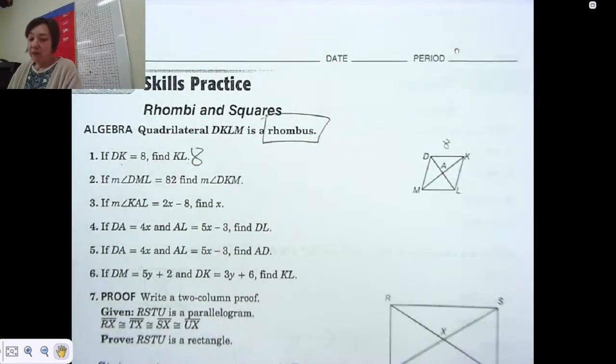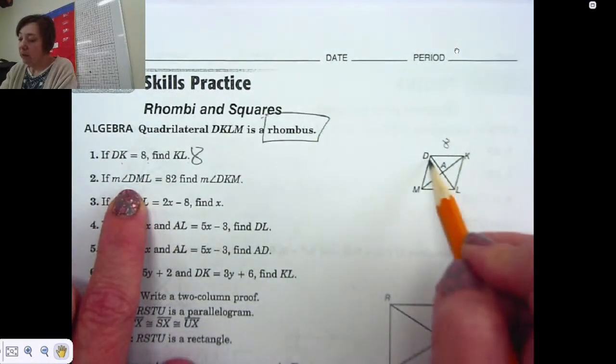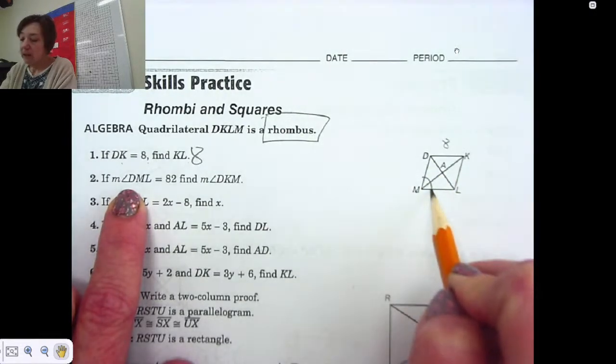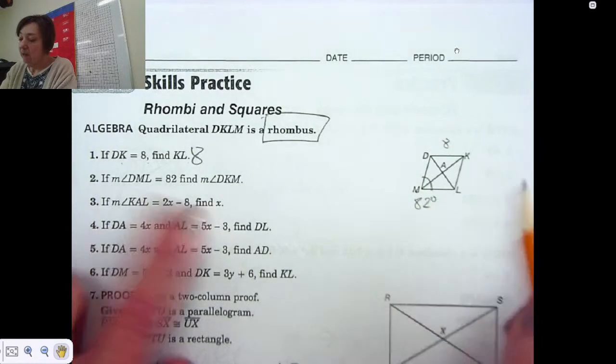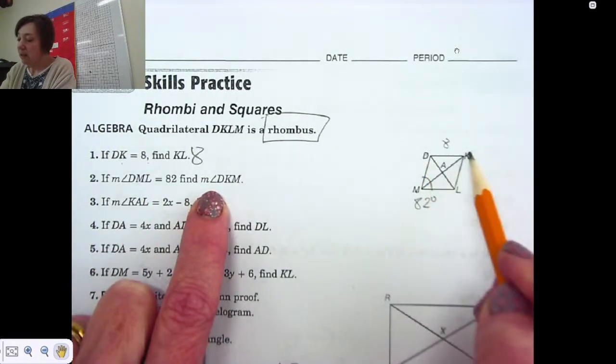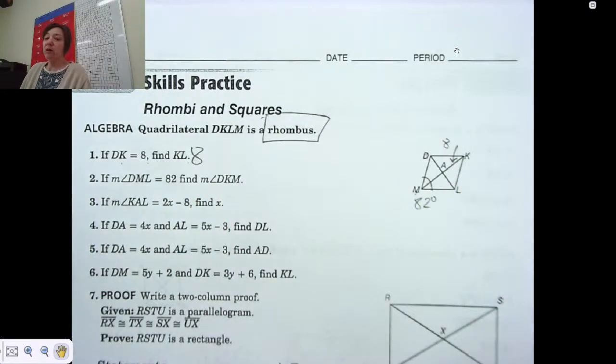Okay? Next question. If the measure of angle DML, that's this angle right here, right, is 82 degrees, find the measure of angle DKM. So this angle right here. Now, remember what we just learned about the diagonals on a rhombus. Those diagonals bisect those angles, right?